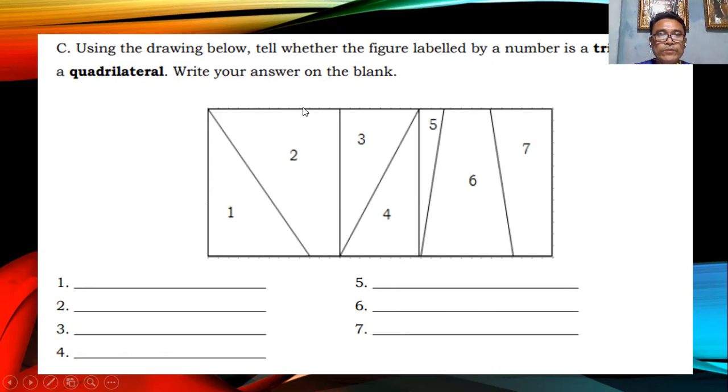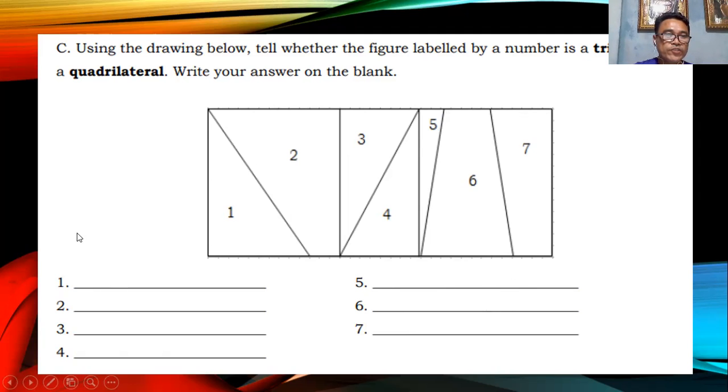Number 2, count the sides. Number 3, number 4, number 5, number 6, and number 7.